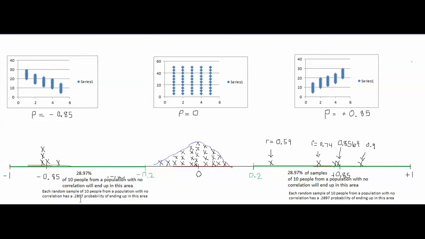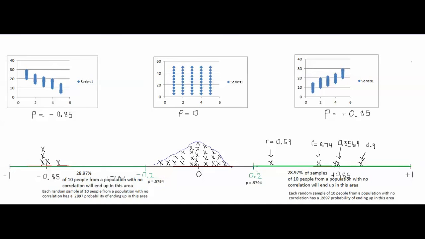The total of this probability and this probability is the p-value of these two correlations out here, 0.2 and negative 0.2. So here we would say p equals 0.5794. Out here, p equals 0.5794.